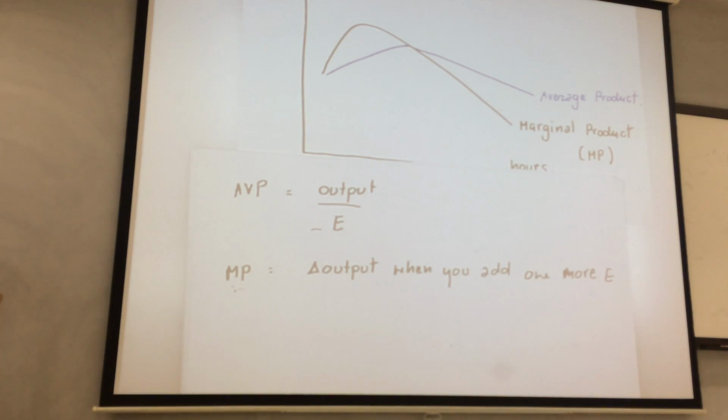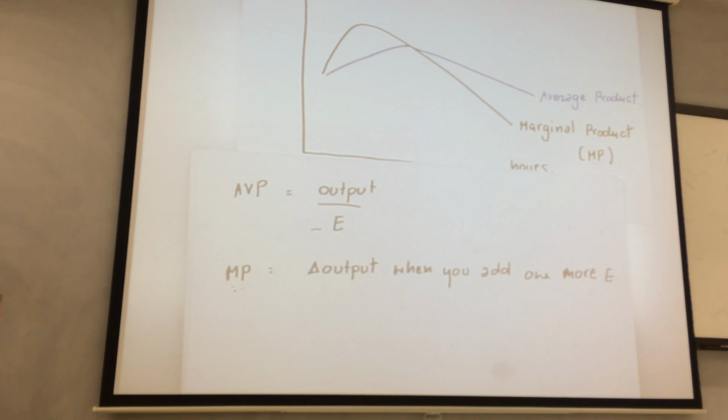Let's say you have 10 workers before, and 10 workers can produce 50 units in total. So it means that each worker only makes 5, right? Let's say the marginal product of the additional worker, the new one, is 6. The new person that you hire can produce 6 units.